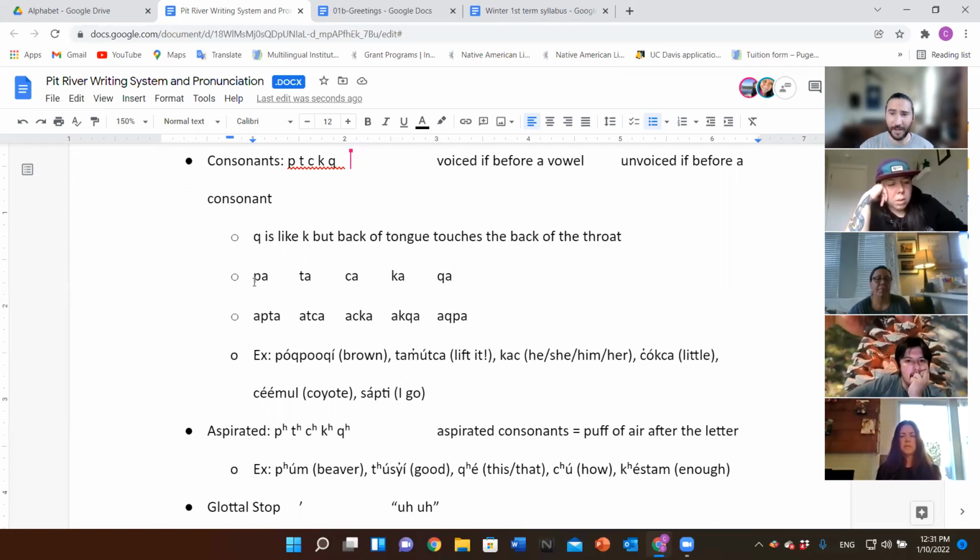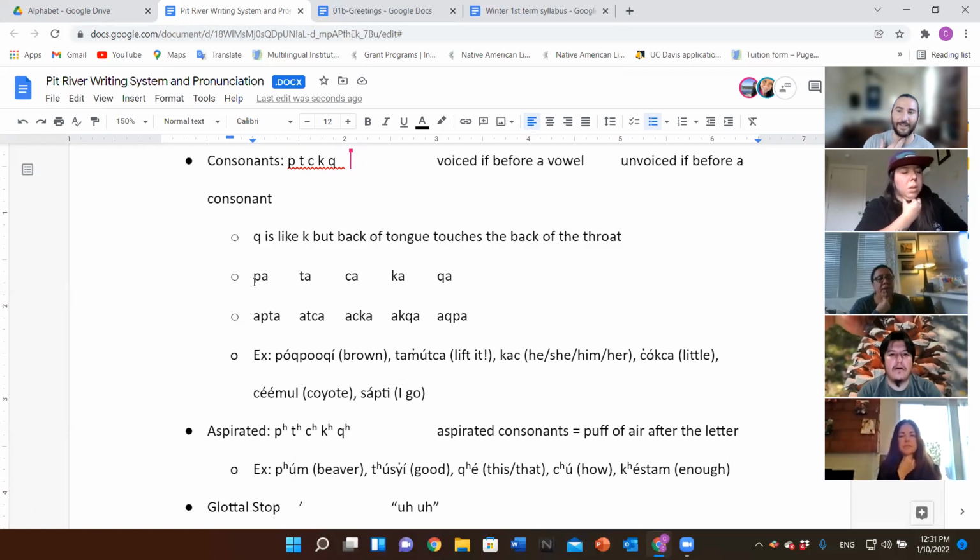So I want everybody to put their hand or their fingers on their throat where their vocal cords are. And now pronounce these. Ba. Ba. Da. Da. Ja. Da. And G. Ga.